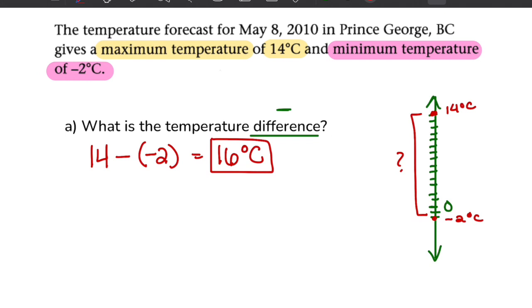Now you could have also gone -2 minus 14, but that would have given you -16 degrees Celsius, which is okay, as long as you explain your answer clearly.